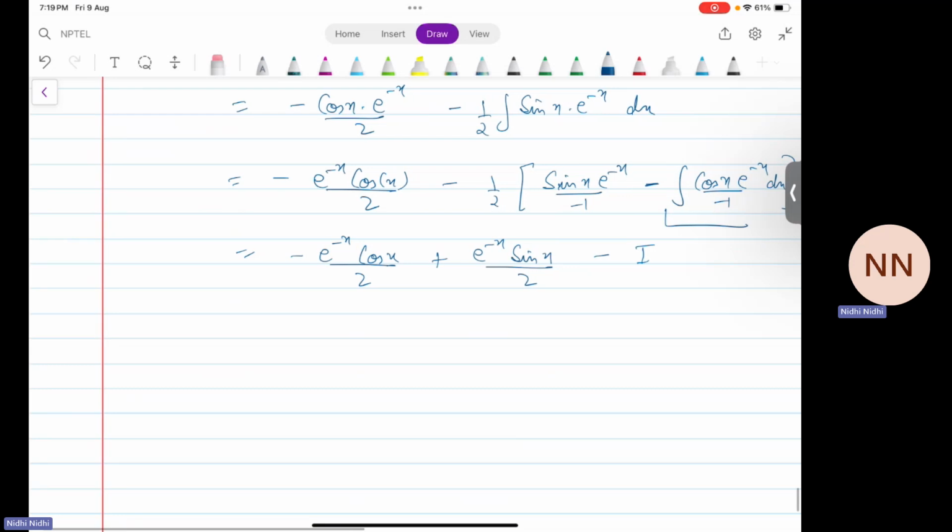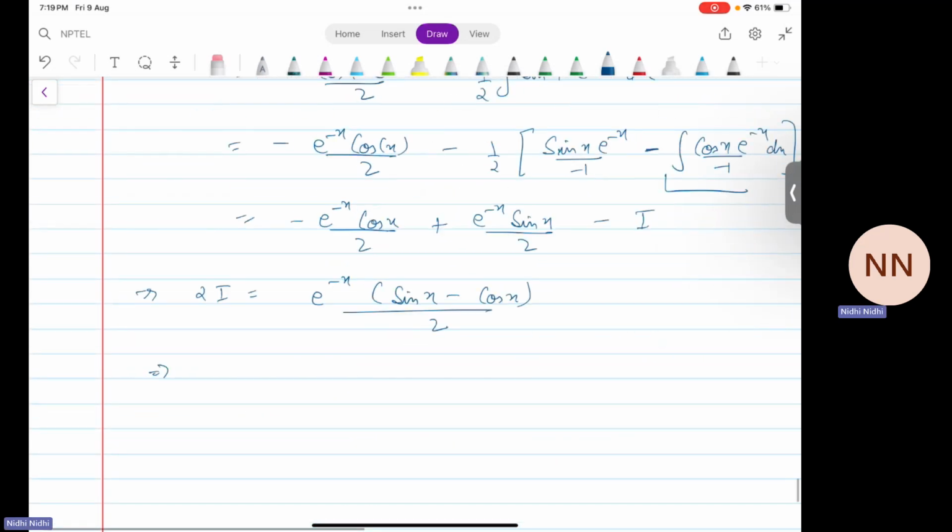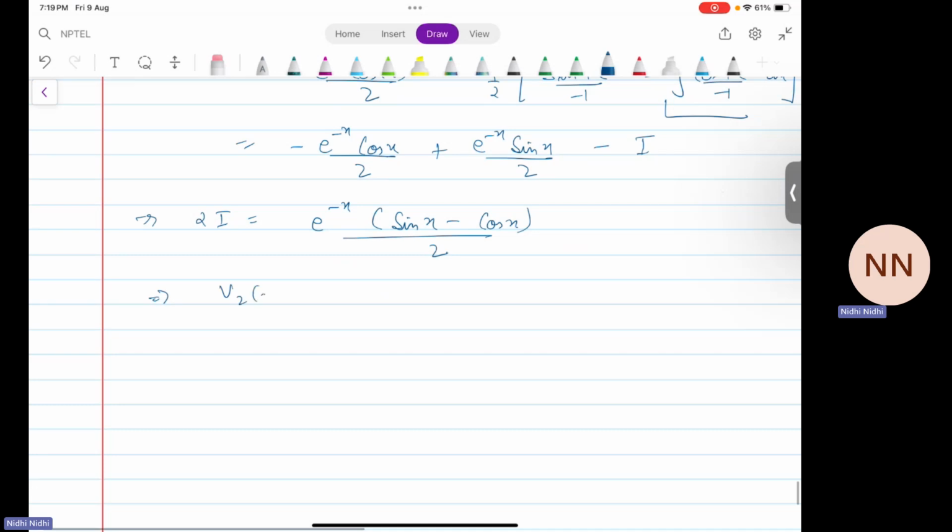So on the left hand side we had I, this gives us 2I is equal to e to the power minus x, sin x minus cos x by 2. This implies what was our I, v2x. Therefore v2x is equal to e to the power minus x, sin x minus cos x by 4.